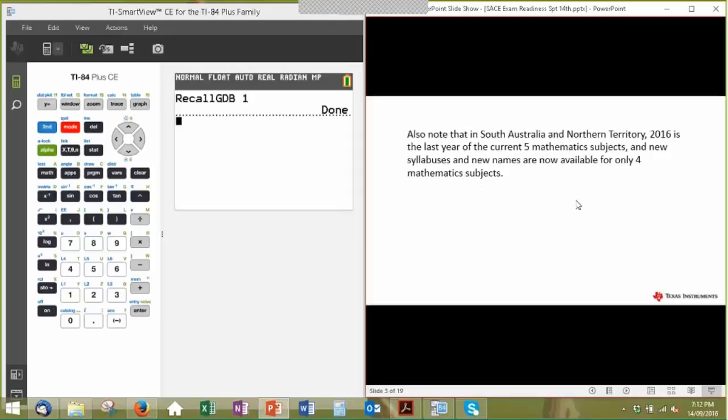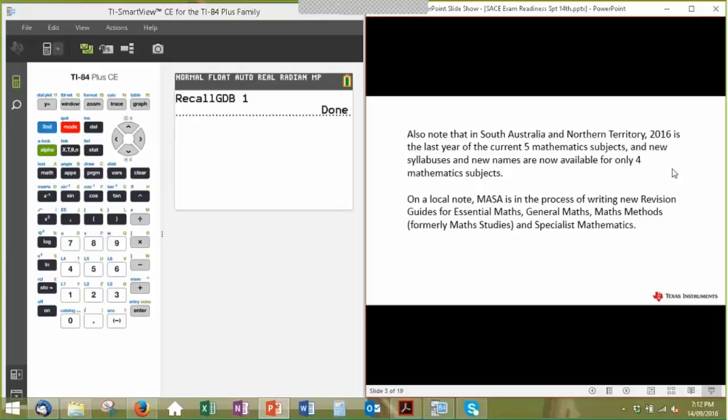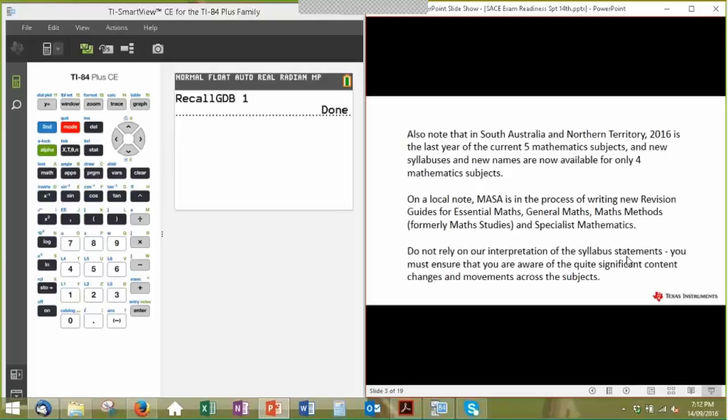Also, it's very important to note that this year is the last year for the current 5 mathematics subjects in Year 12, and new syllabuses and new names are now going to be available for the 4 subjects for next year. And just to push the Maths Association of South Australia, we do provide the revision guides for these, and we're in the process of writing new ones for next year.